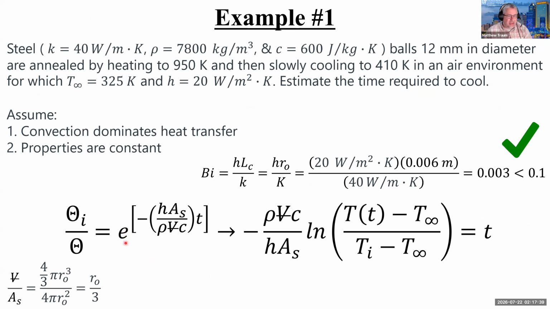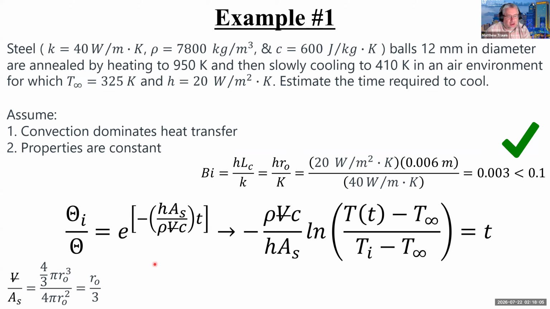It is equal to e to the minus hA over rho V c times t. A_s and V are the surface area and the volume of the sphere. Those are related to each other by the radius. So I can do a little bit of math here to get rid of those terms and just express their ratio as R naught over 3.